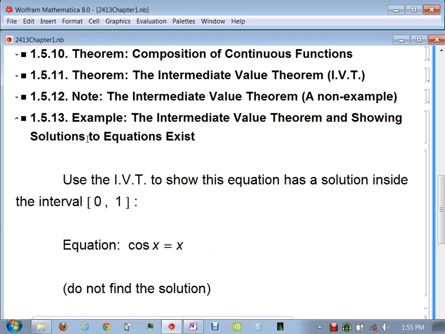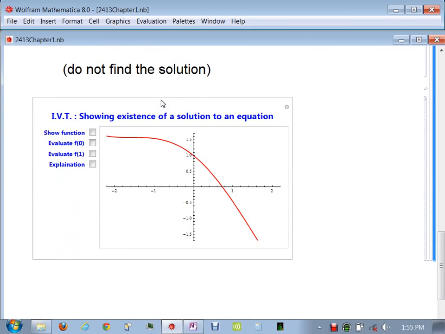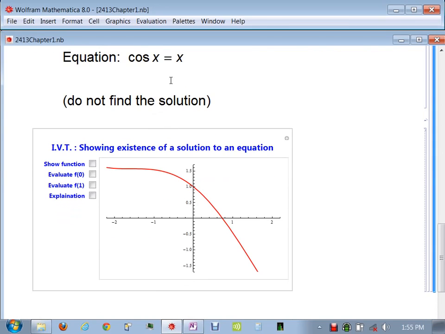The intermediate value theorem is what I talked about. We were going to look at cosine x equals x and use the intermediate value theorem to show that this equation has a solution. So there's the graph of a function, and we're trying to show that there's an x-intercept here.